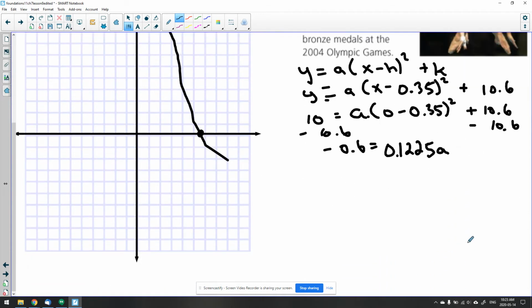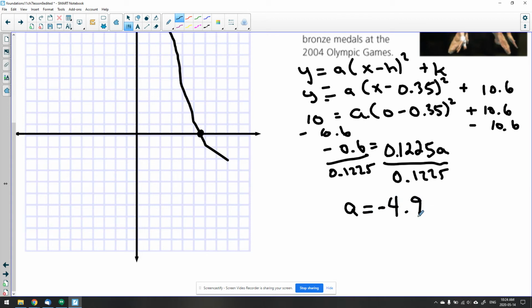Let's get some more space here. We divide both sides by 0.1225. I get a is equal to negative 4.9.